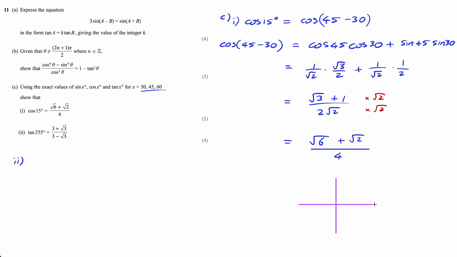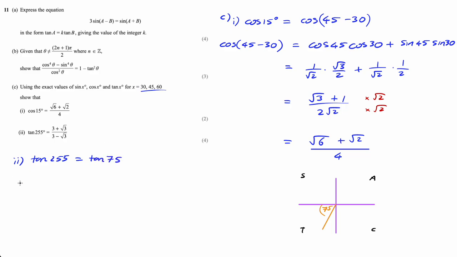Okay, so 255 is down here, where this would be 75. Because it's in the tan quadrant, C-A-S-T, down here, tan is positive. So I can write tan 255 equals tan 75. It's the same sign and everything.